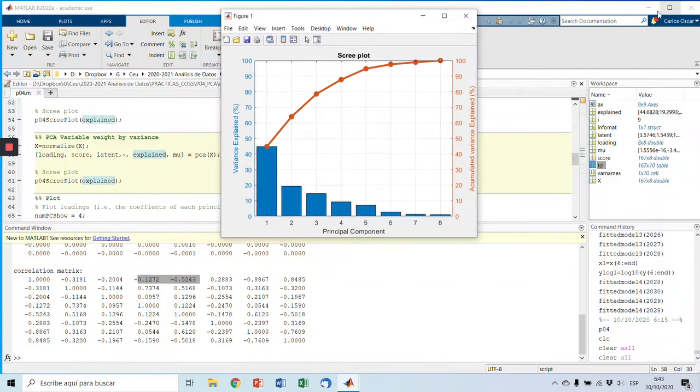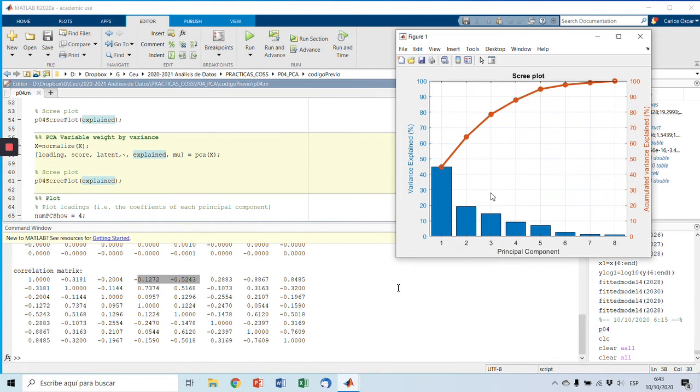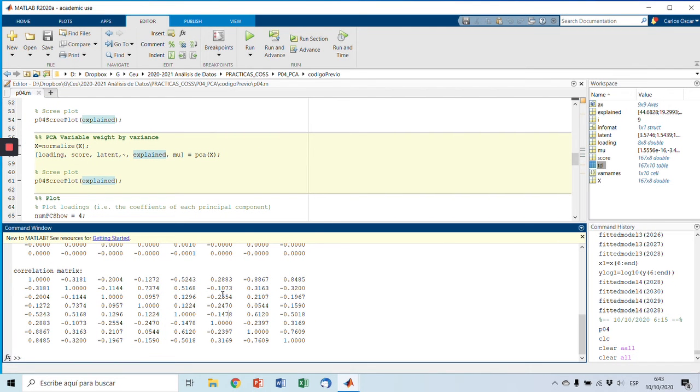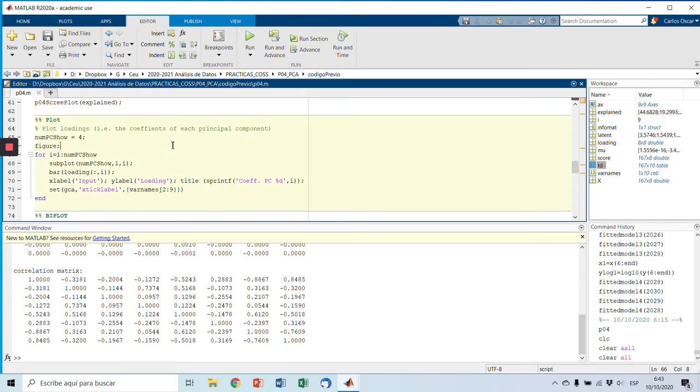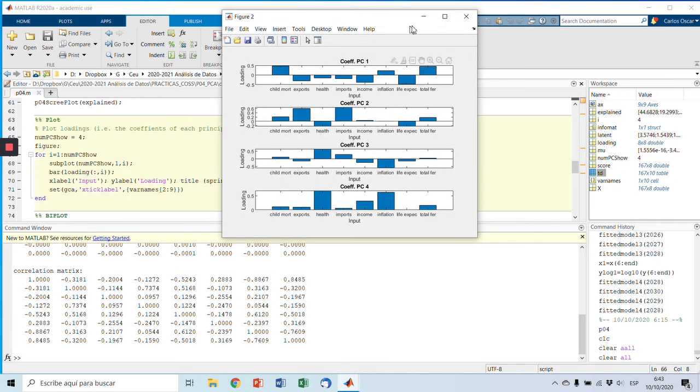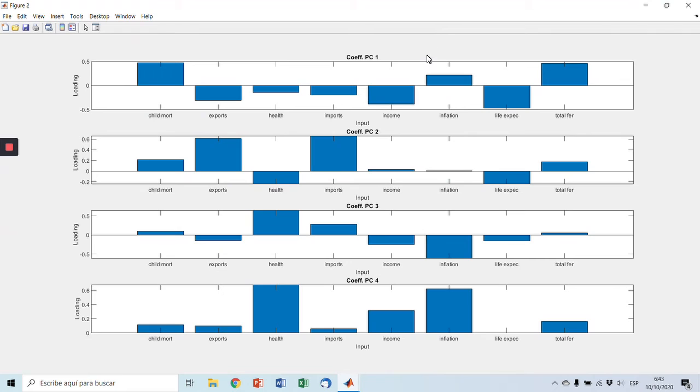Okay, so let's keep this plot here and let us show the loadings. So the loadings are how these principal components are constructed. You have here some weights. So the first principal component is 0.47. So we have it here.